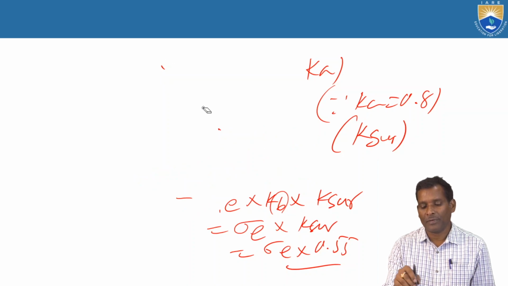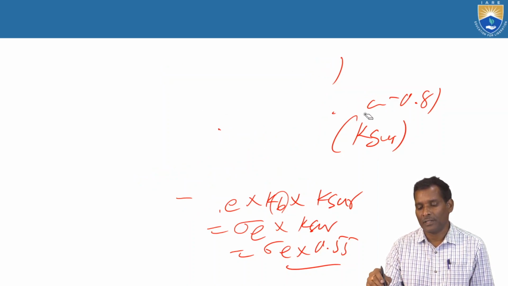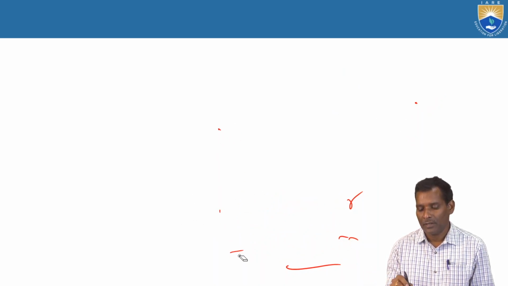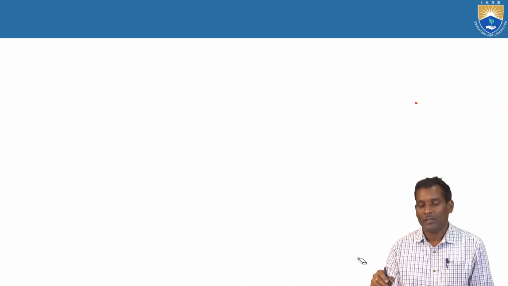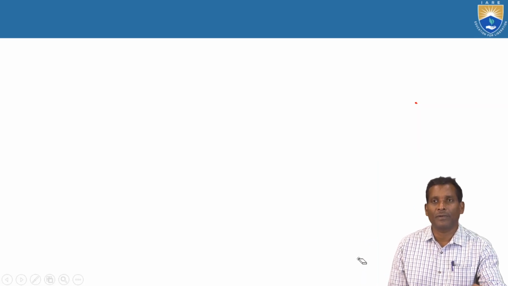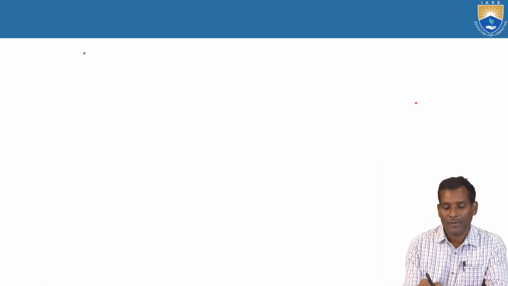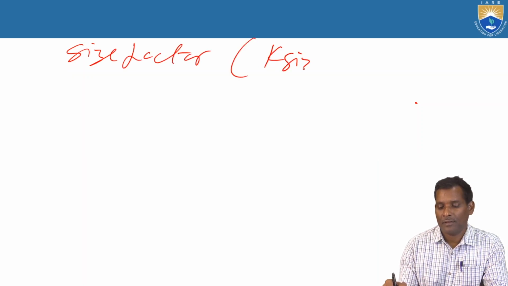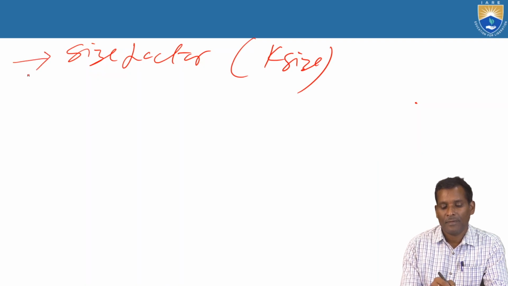Similarly, other factors are also there, such as the size factor. So how do you write the equation for endurance limit when considering the size factor, K size?